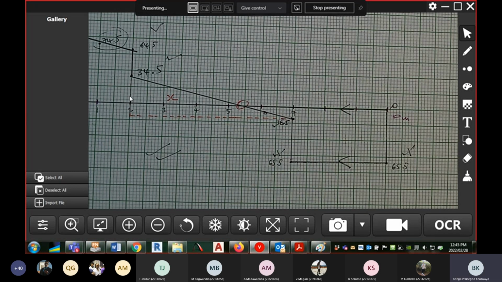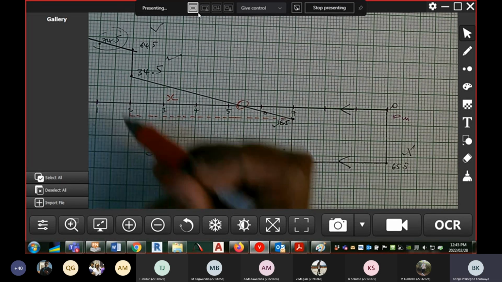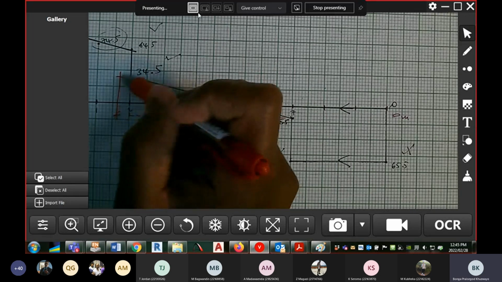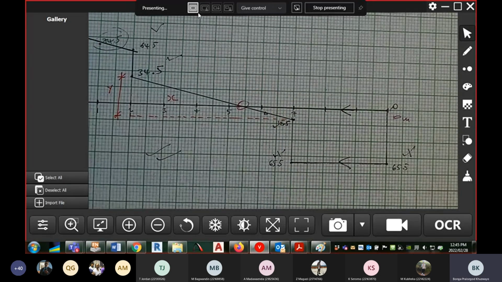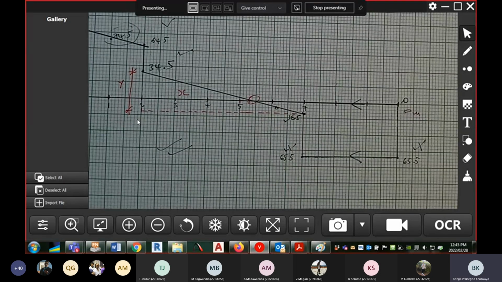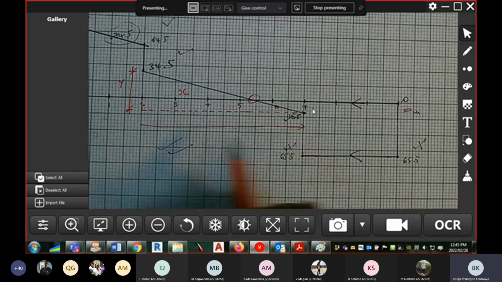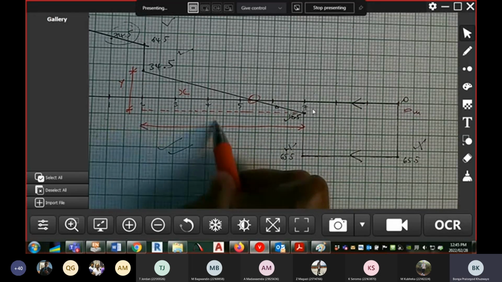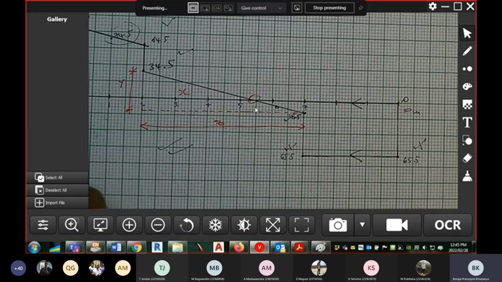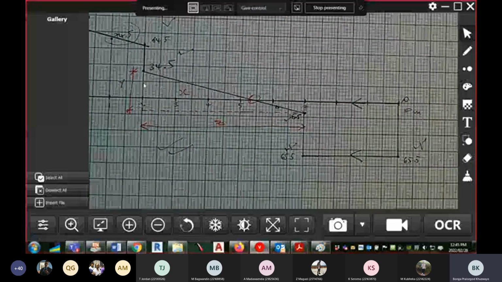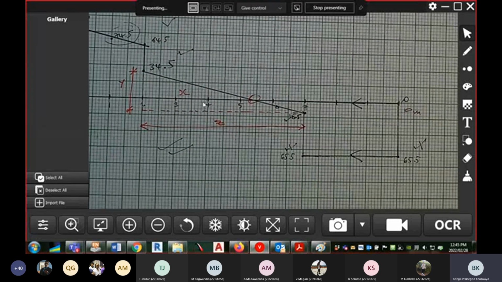So that distance, you need to work it out. I'm going to put it as y, but you can actually work out that distance. And what is the distance from node 2 to 7? Also that distance you can work out quite easily. Let me call it z. And then all you need to do now is apply similar triangles.